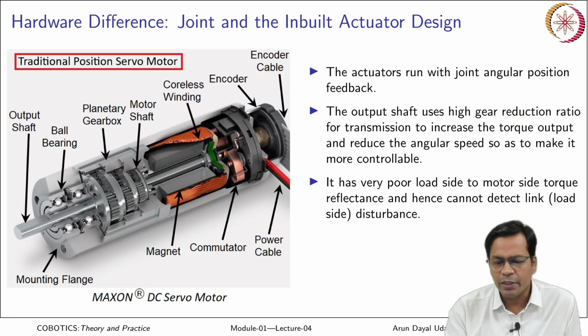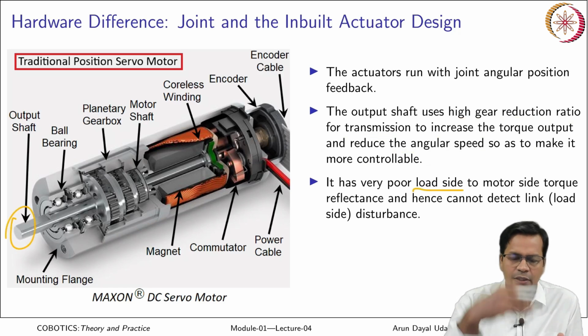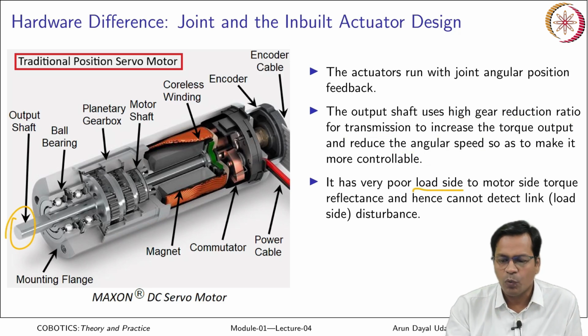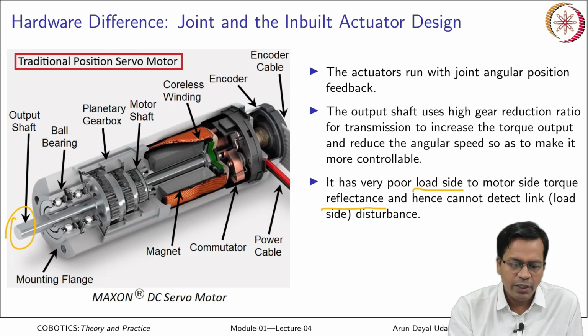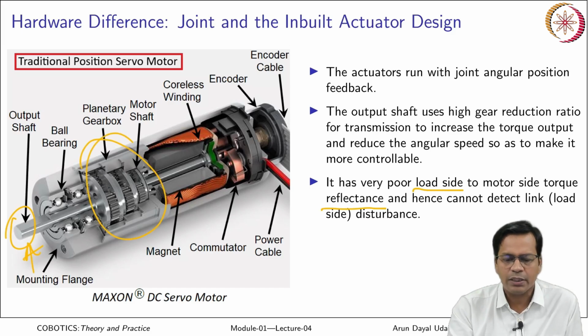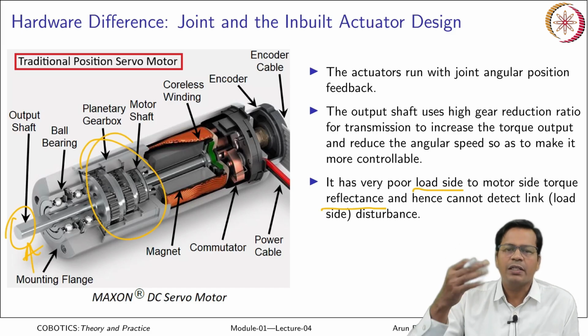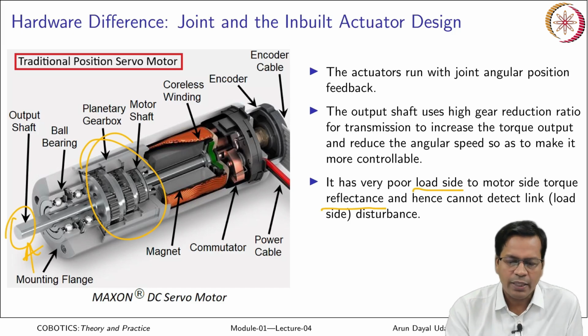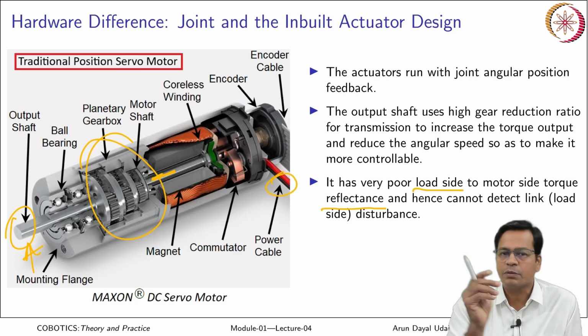It has very poor torque reflectance from the load side, that is the side where the link is fitted, to the motor side. If there is any disturbance here, because of the gearbox you see very little change in the torque felt at the motor shaft, and that is poorly reflected by the current that flows through the power cable of this motor.